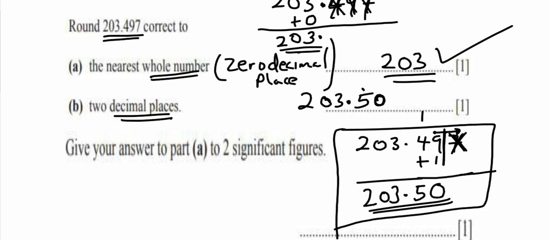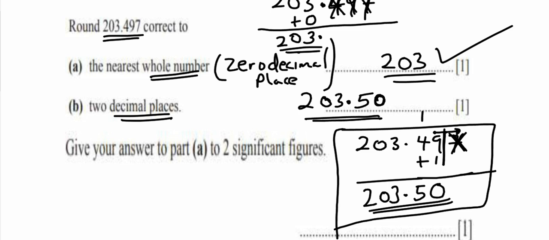If you cancel it, you remain with 203.5, but this answer is only 1 decimal place, and they need 2 decimal places. That is why we don't cancel that 0. Leave that 0 in place, and this will be the answer.